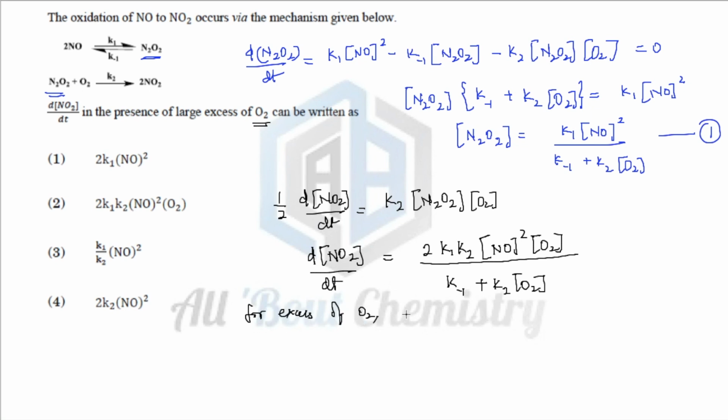what is going to happen is that over here this term, k2 [O2], is going to be very much greater than k-1. So you just have to neglect that part.